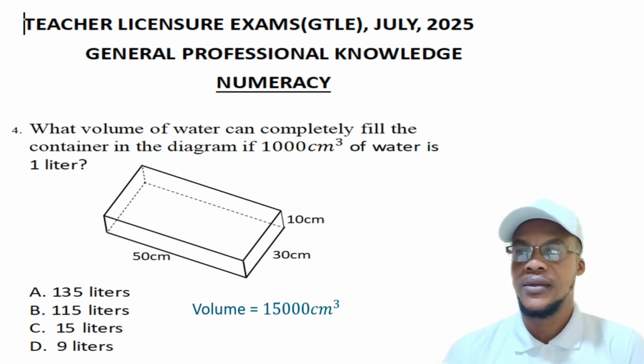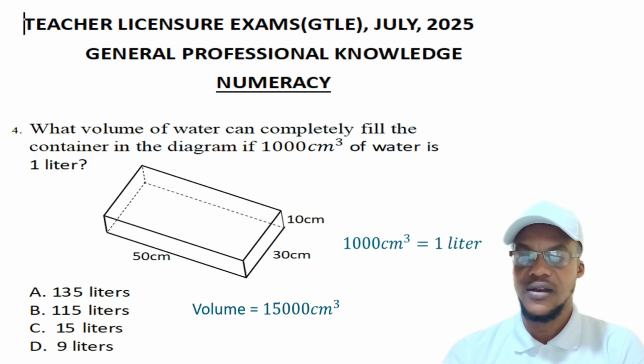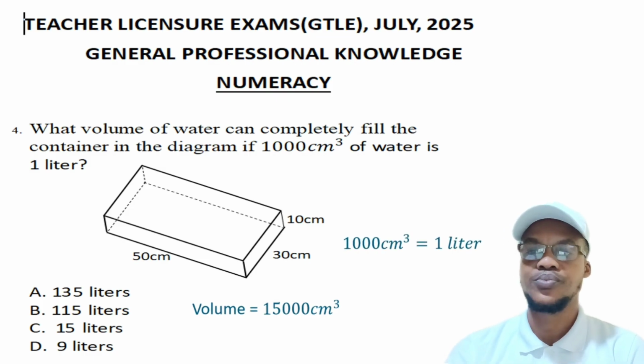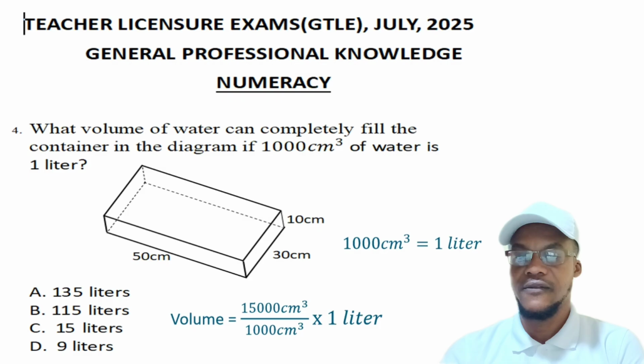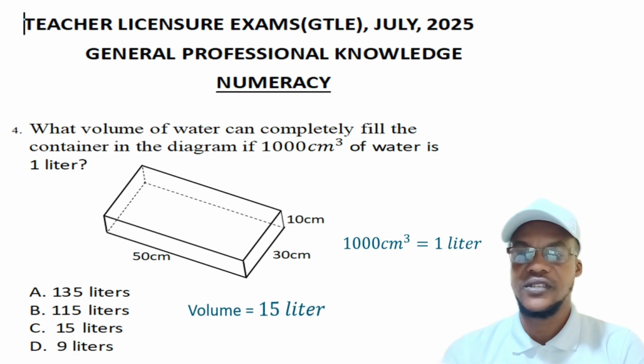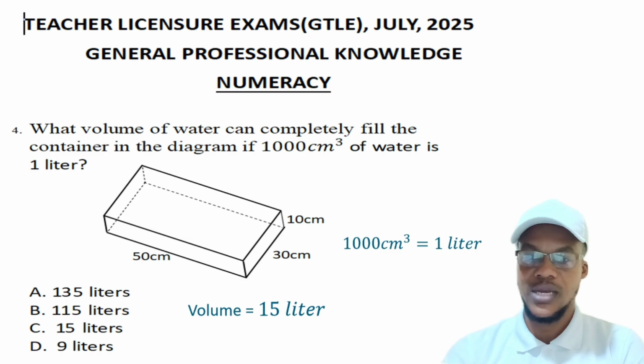Then whatever we get becomes our answer. So if we divide 15,000 centimeters cube by 1000 centimeters cube and multiply by 1 liter, we are going to get 15 liters. So that will be the answer.